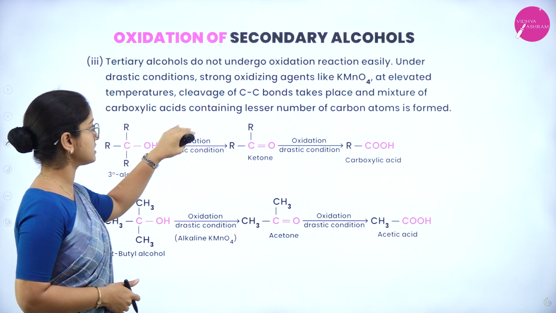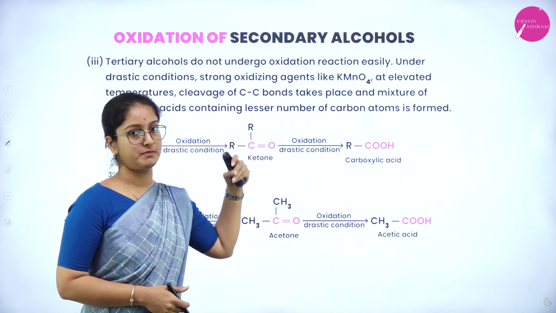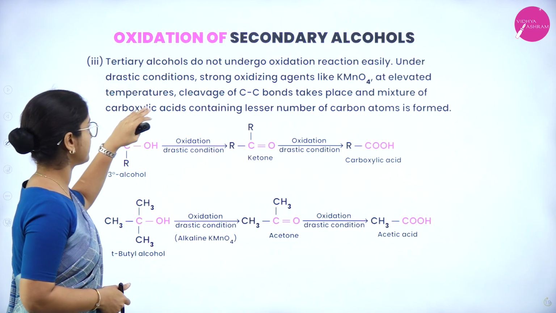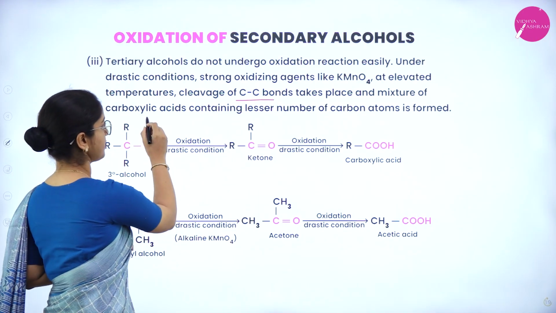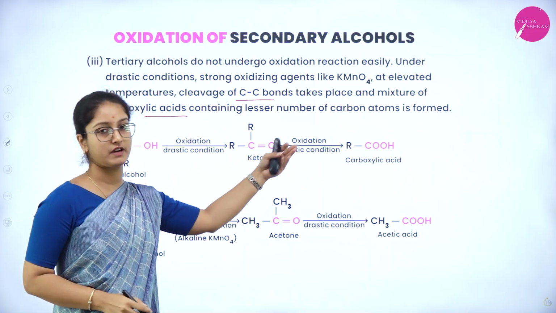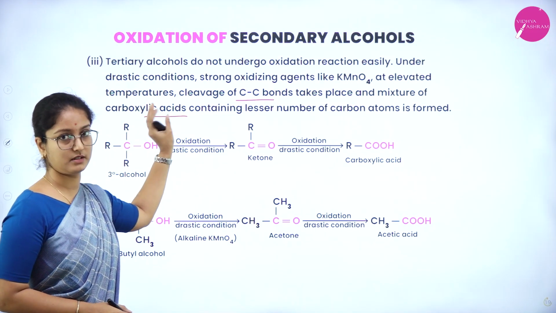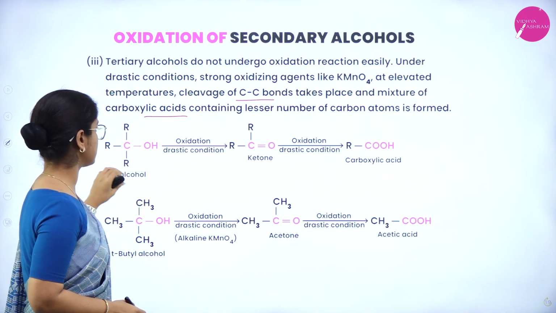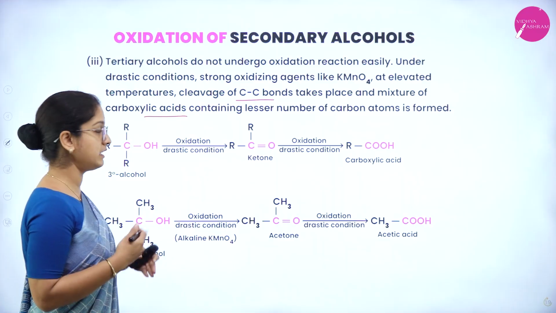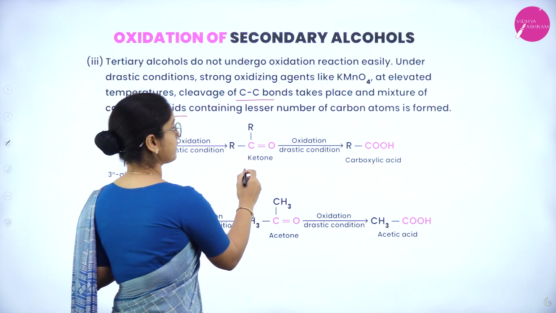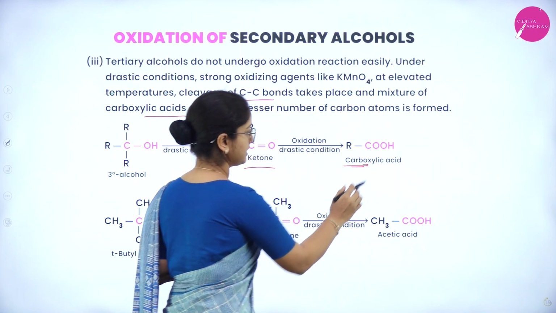Under drastic conditions, with strong oxidizing agents like KMnO4, potassium permanganate solution, at elevated temperatures, cleavage of C-C bonds takes place and a mixture of carboxylic acids containing fewer carbon atoms is formed. So a tertiary alcohol on oxidation under drastic conditions and elevated temperature gives a ketone, and on further oxidation produces a carboxylic acid.